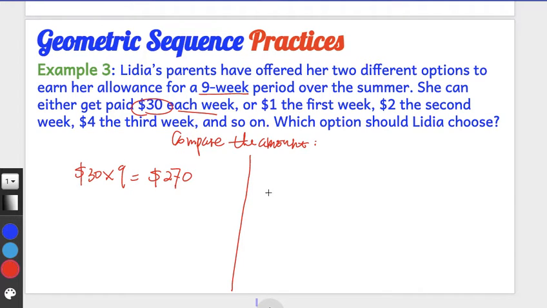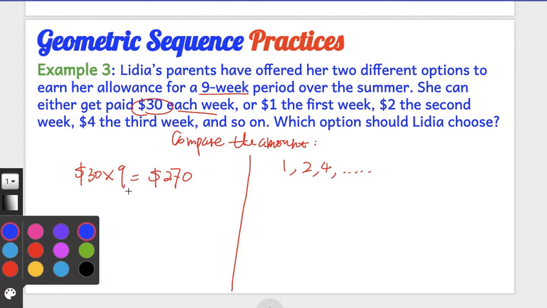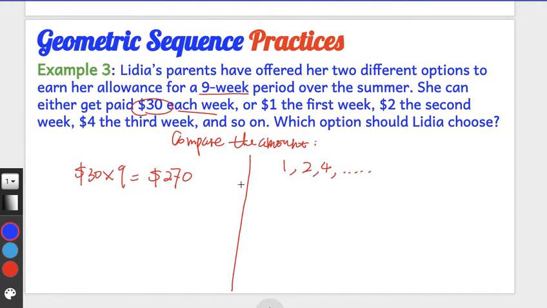For the second one, as you can see, it's $1, $2, $4. We can continue, and you can see this is a geometric sequence, right? Since we're going to do more calculation, we are going to use more space here. Now let's figure out all the numbers together to decide which option she's going to choose.